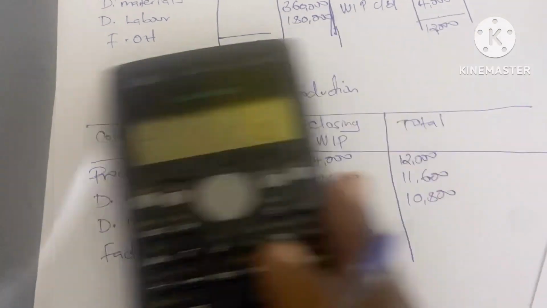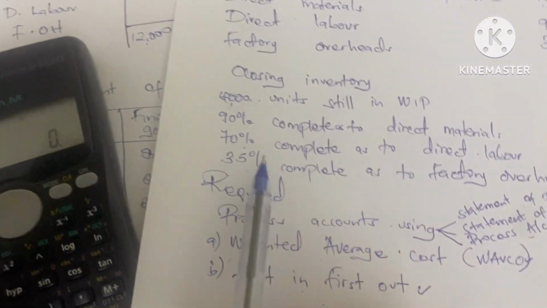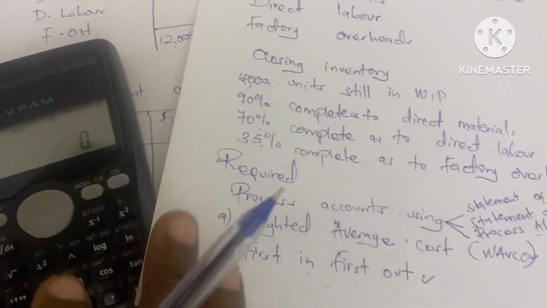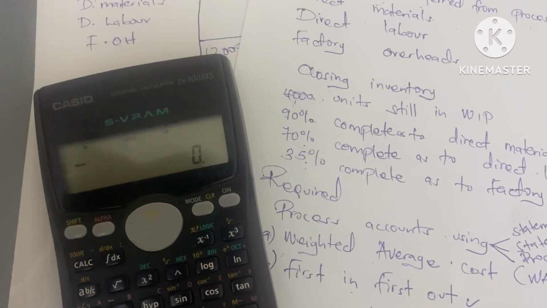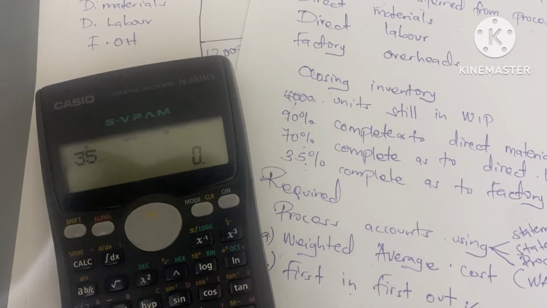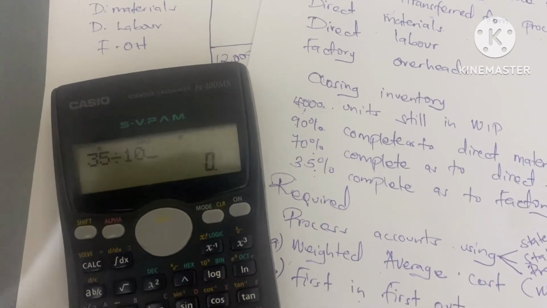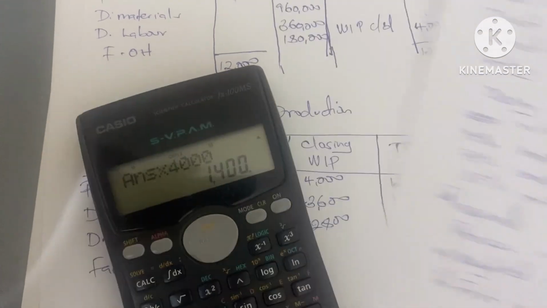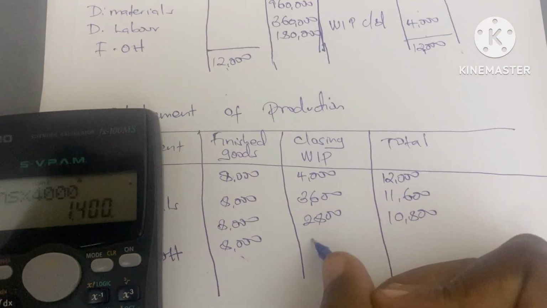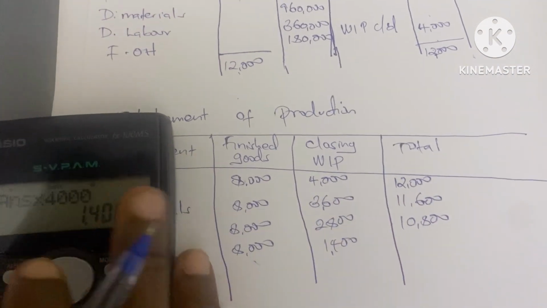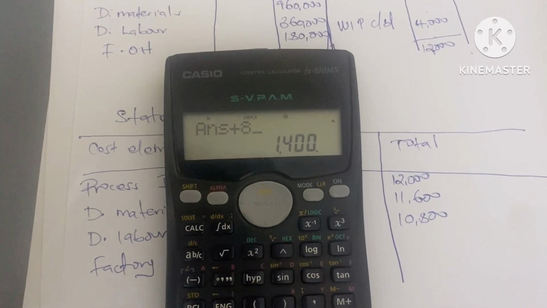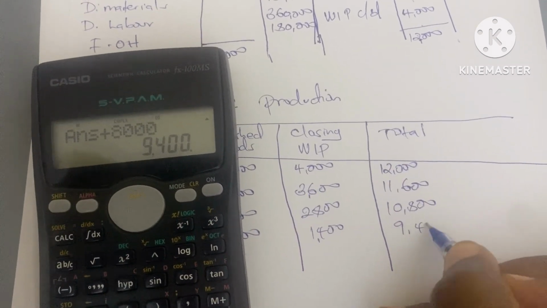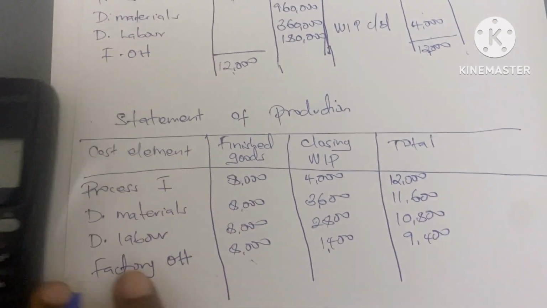Then for factory overheads, it is 35. So 35 divided by 100 times 4,000, which is 1,400 plus 8,000, 9,400, like that.